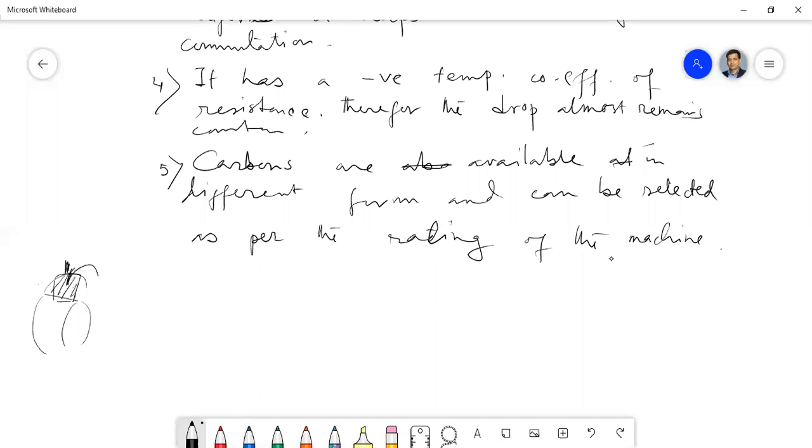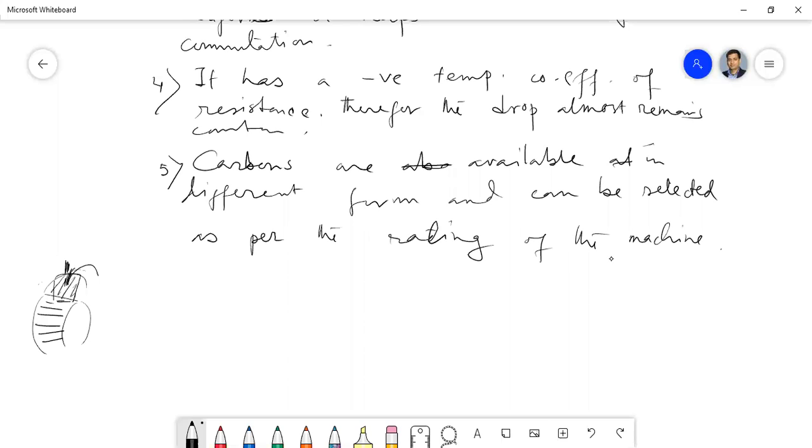By some spring force, the brushes are placed on the commutator, and this spring force is maintained to some 1 kg force pressure, so that during the rotation, due to the centrifugal force, it should not come out.